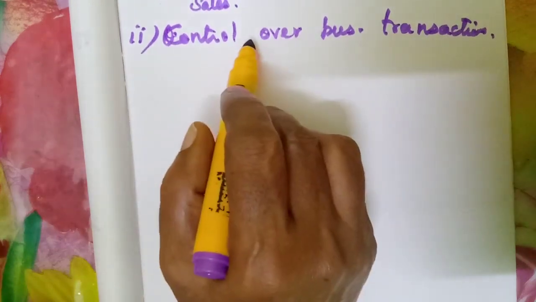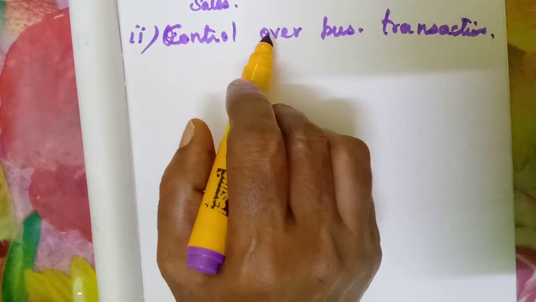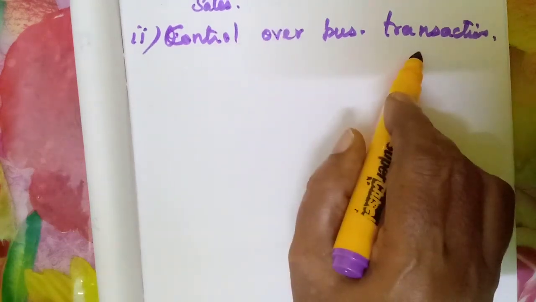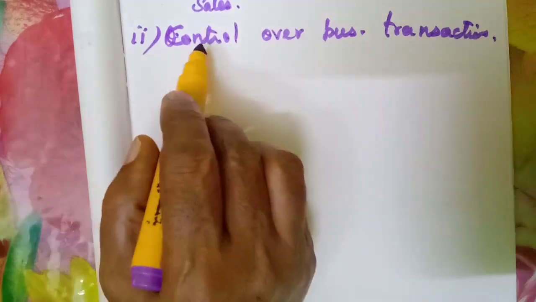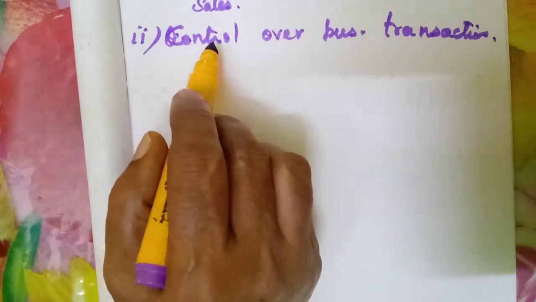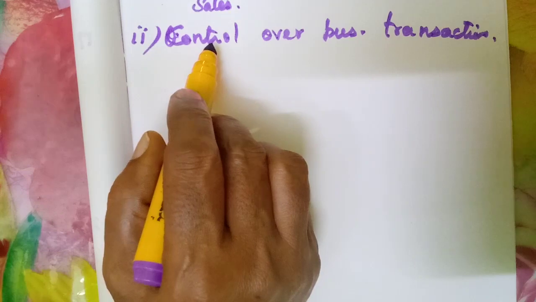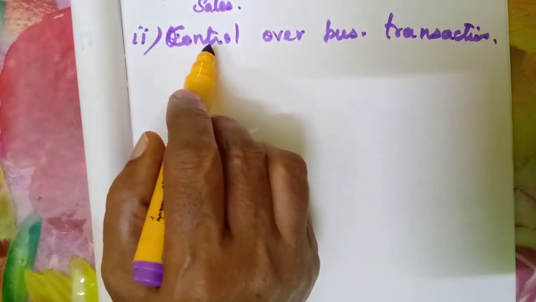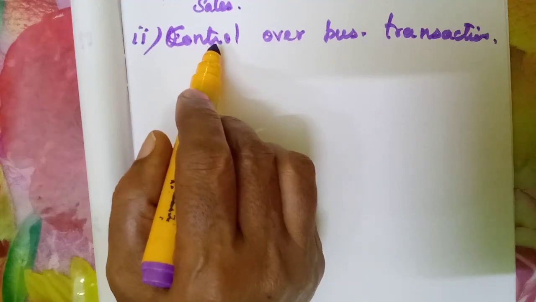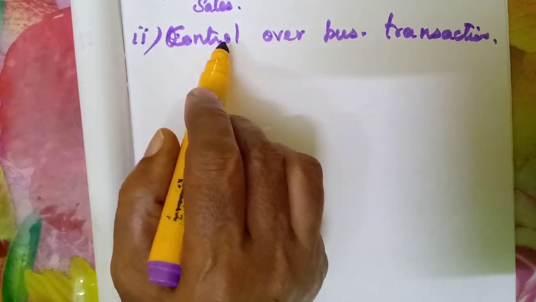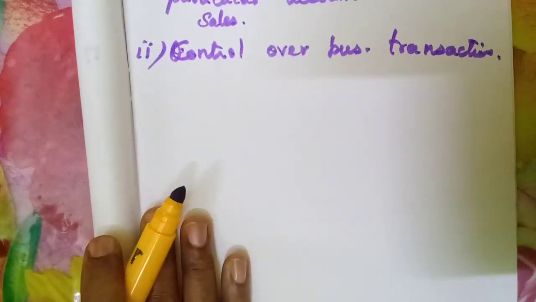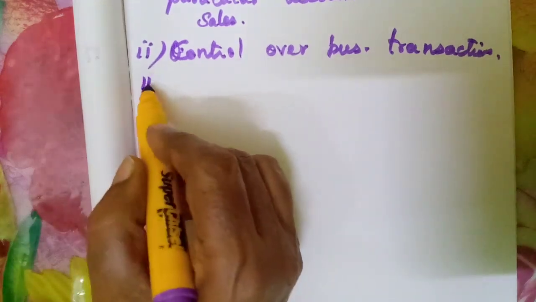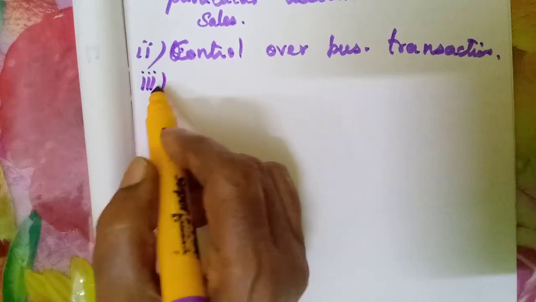From one account, the management can have control over all the business transactions. For example, salary: last month's salary, this month's salary, how it has increased. Or any other expense, like electricity charges, whether it is increasing, and why it is increasing. So the management can have control over all the business transactions by referring to the ledger accounts.